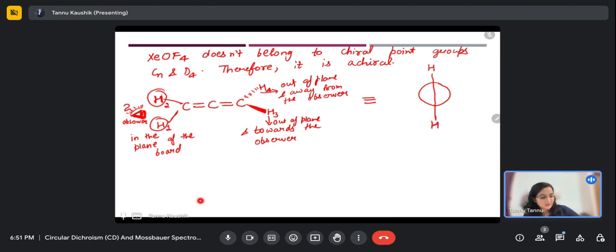And these hydrogens H3 and H4, one of them, H3, is right hand side and H4 is left hand side, and these are away from the observer. So taking it as H3 and H4, like this.